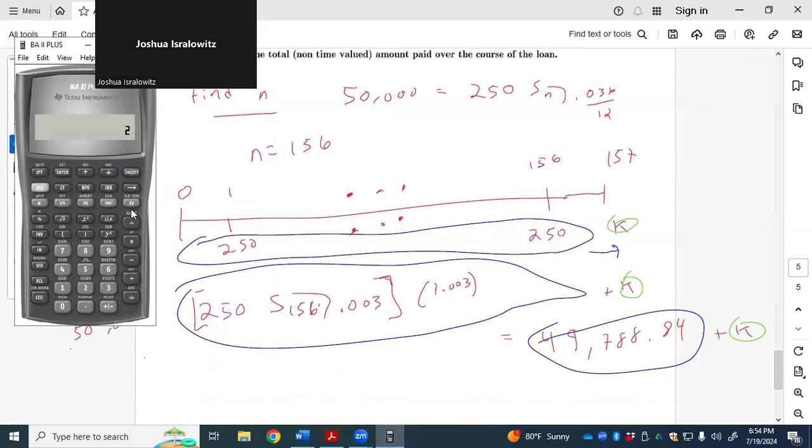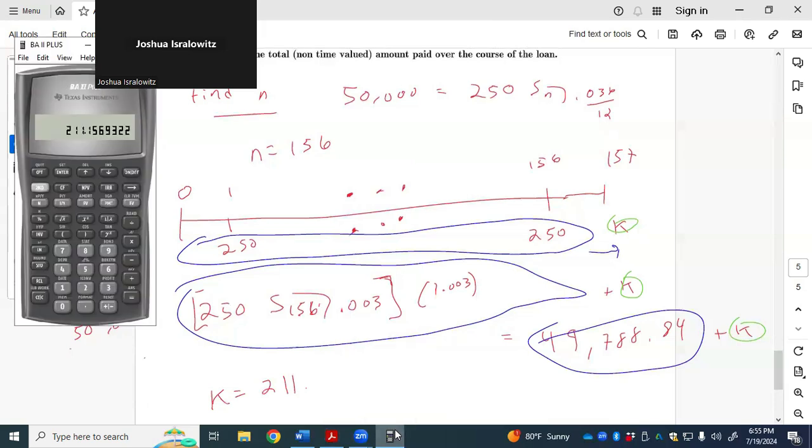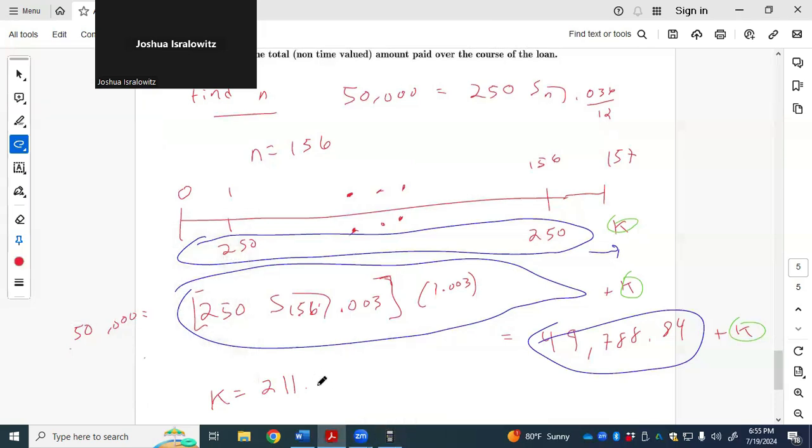So K is 211.16. It's smaller again. The point is this is smaller than 250.